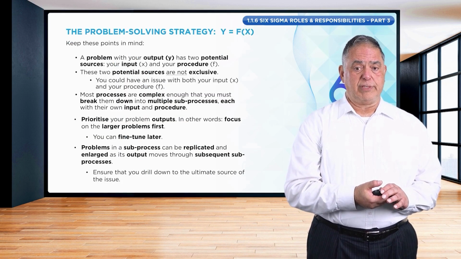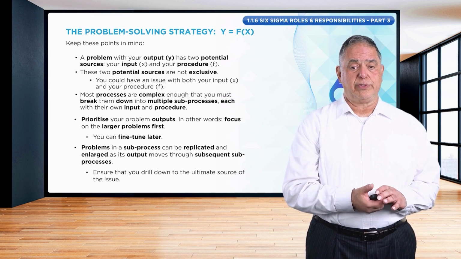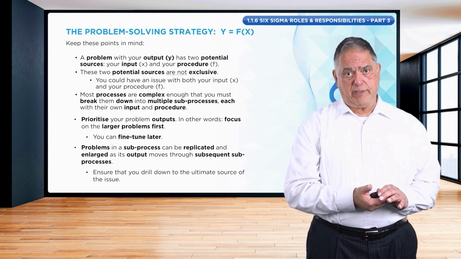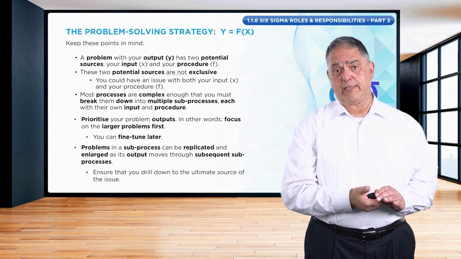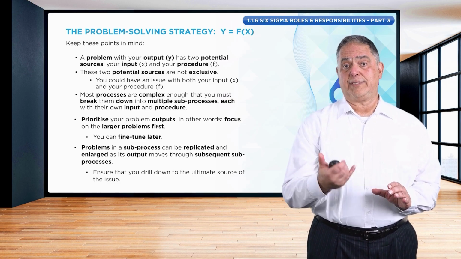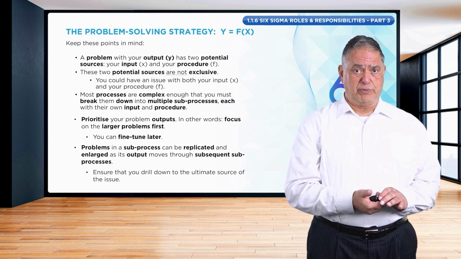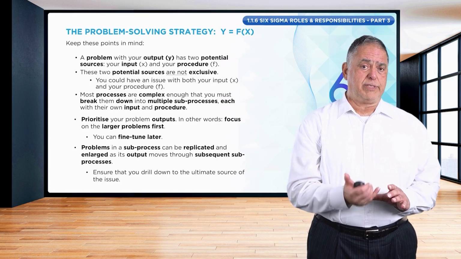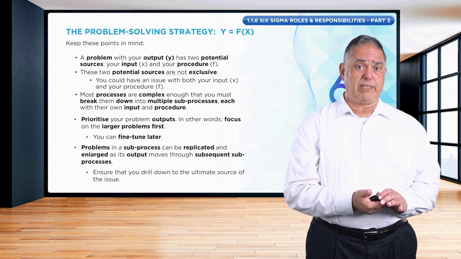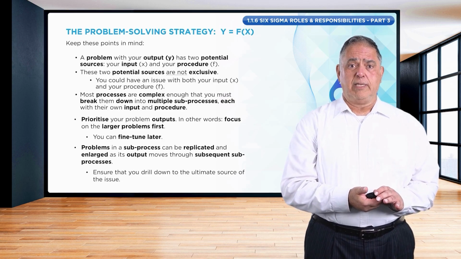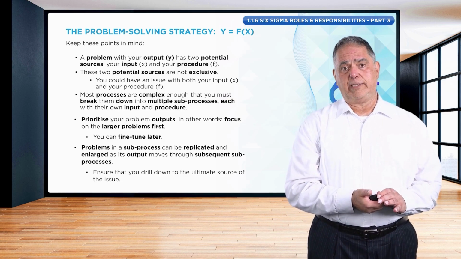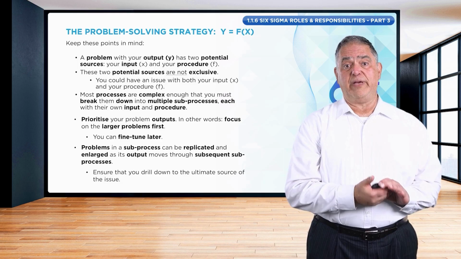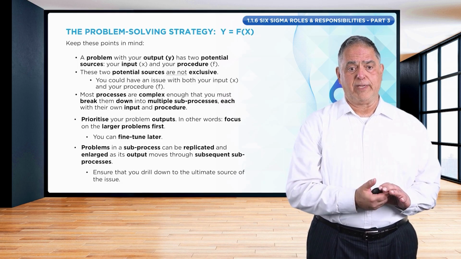In other words, we have to focus on the critical outputs first before we start thinking to address the less critical process outputs. Remember, critical process outputs are represented with the uppercase letter Y, and these are associated with customer requirements that are very important for the customer.